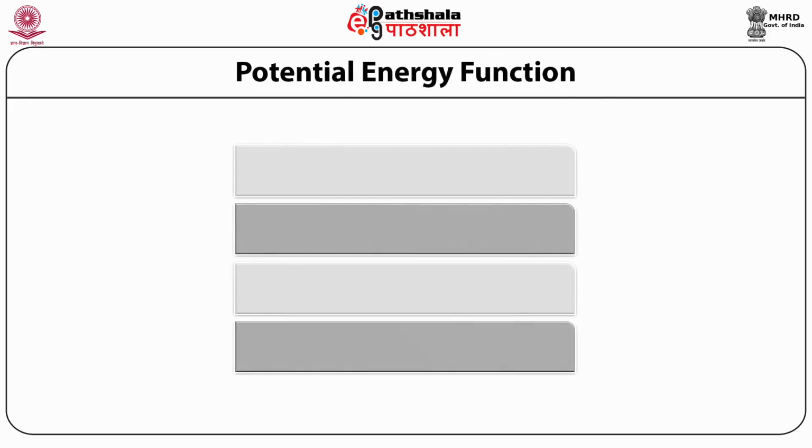So we see the mathematical expression for these 4 potential energy functions. U non is the Lennard-Jones 6-12 potential given as A upon R^12, which is a repulsive term, minus B upon R^6, where A and B are the constants depending upon the type of atom, and R the distance between a non-bonded pair of atoms.